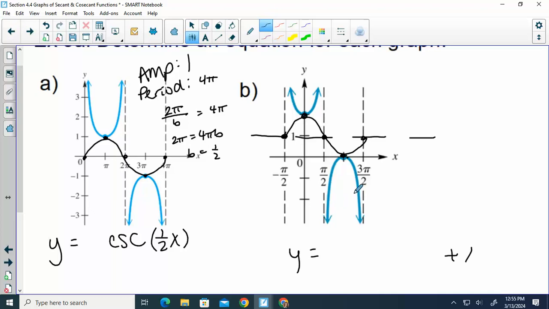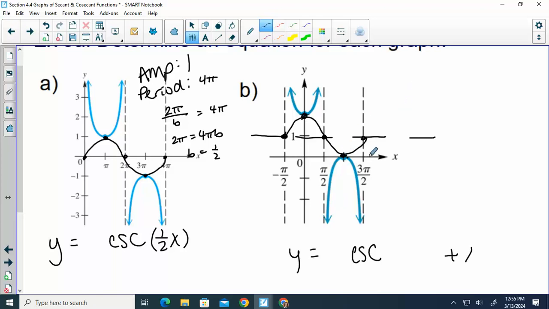All right, so is that a sine or a cosine? It's a sine, because it started on its 0. So reciprocal of sine is cosecant. Okay, what's my amplitude? Above and below this, we just went 1, so we don't need anything else in front.